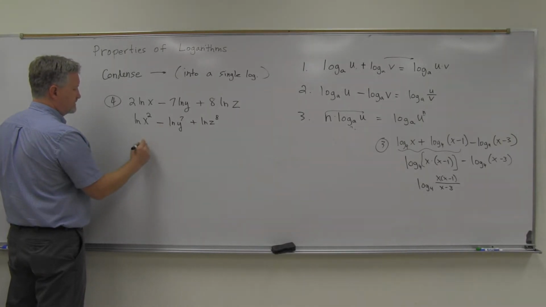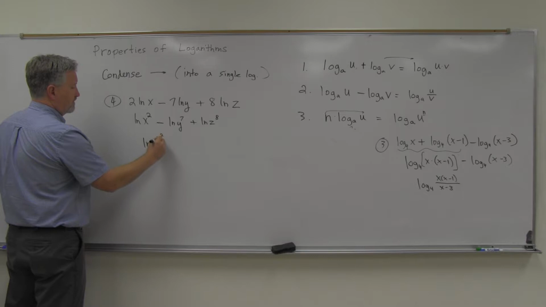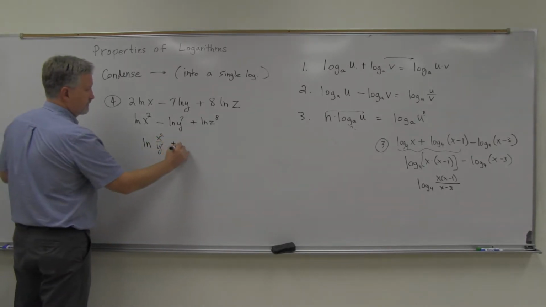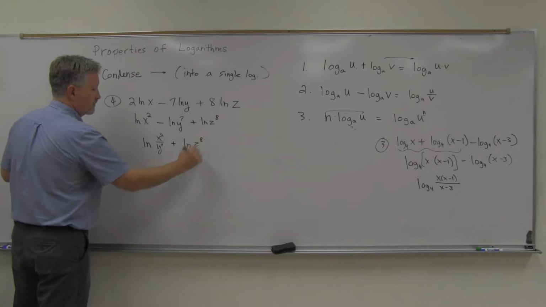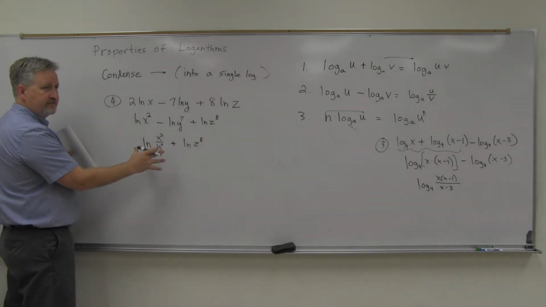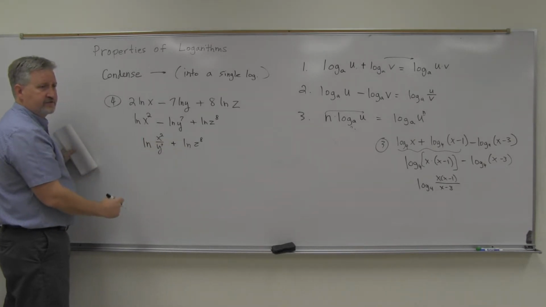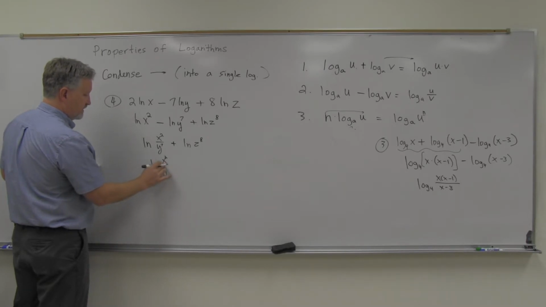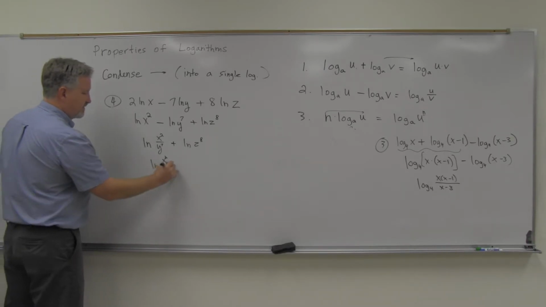These are subtracted, so it'd be ln of x squared divided by y to the 7th. And then those two, you got plus then, ln plus an ln, so those would be times z to the 8th.